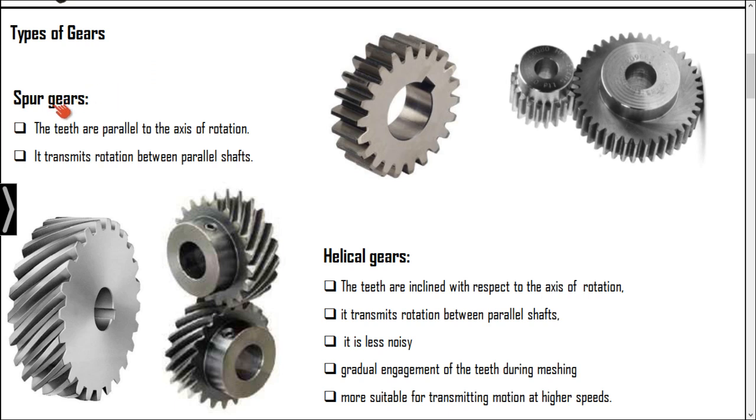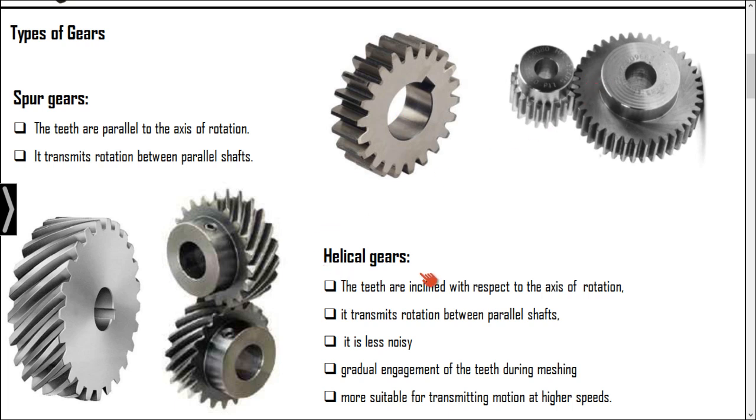So spur gears are generally used to transmit power between parallel shafts, and the teeth are also parallel to the axis. These are the most commonly used type of gear.